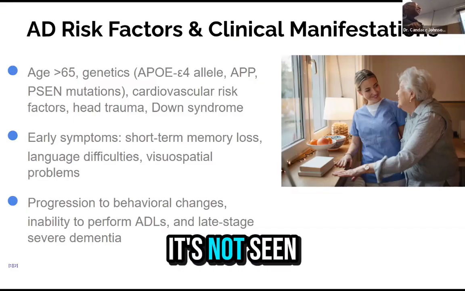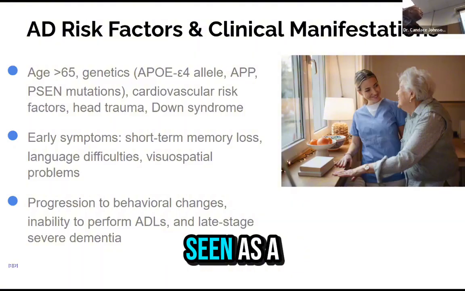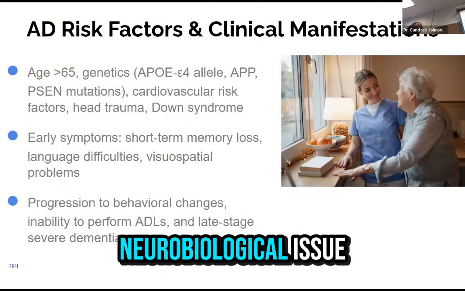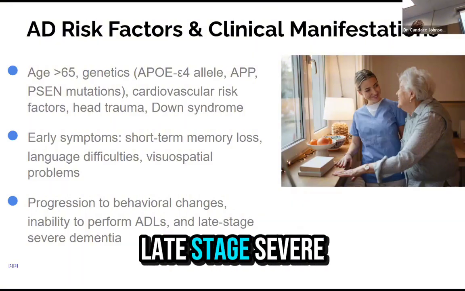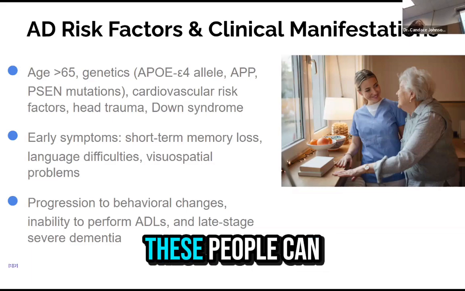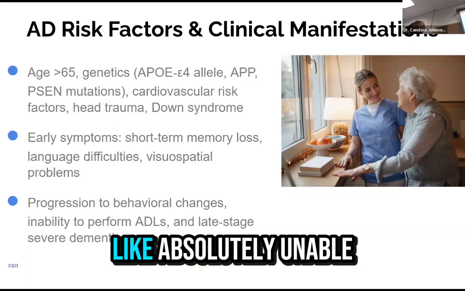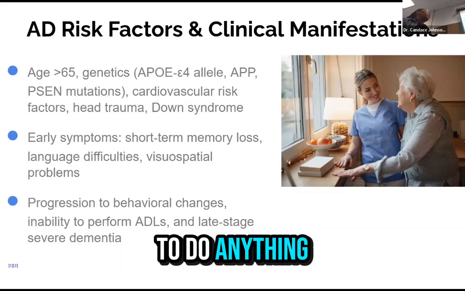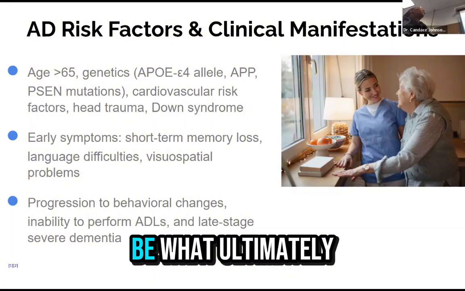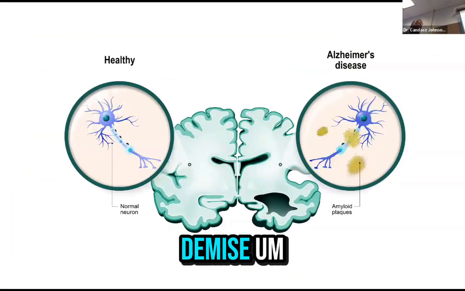So it's not seen as a mental health issue, though. It is seen as a neurobiological issue. In late stage severe dementia, these people can be total care, absolutely unable to do anything for themselves, and it can be what ultimately leads to their demise as a cause of death.